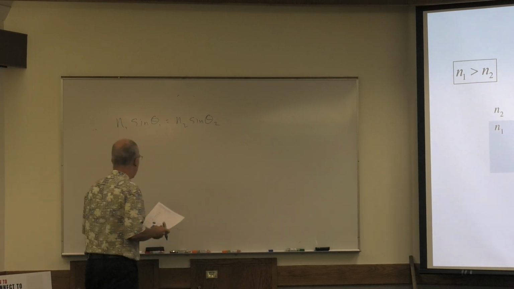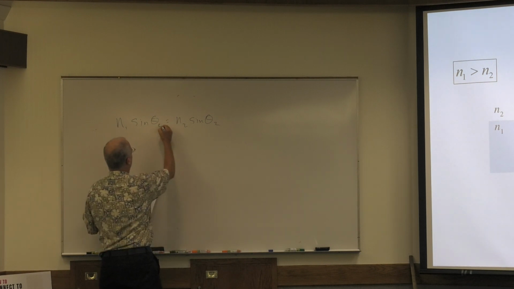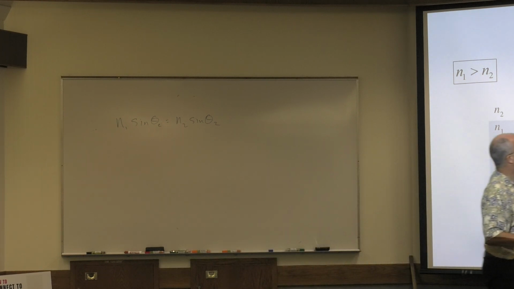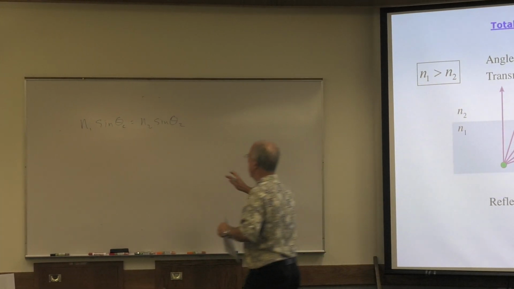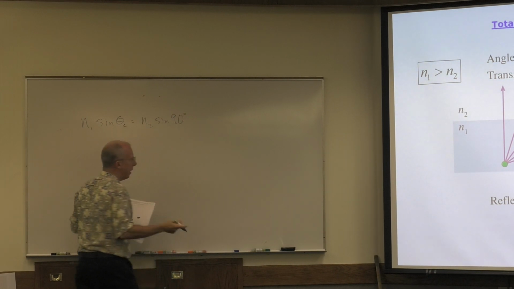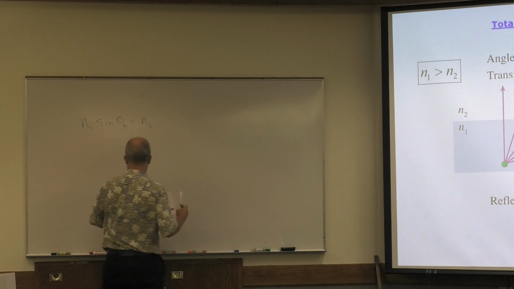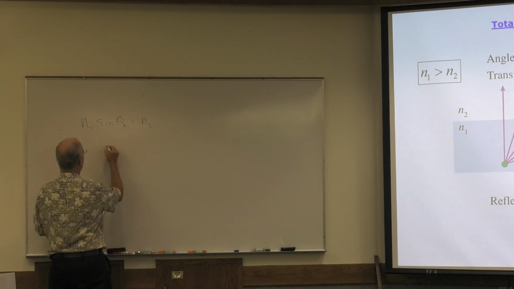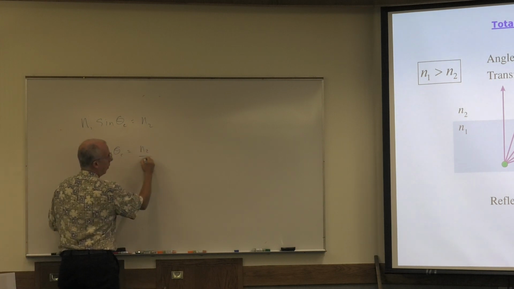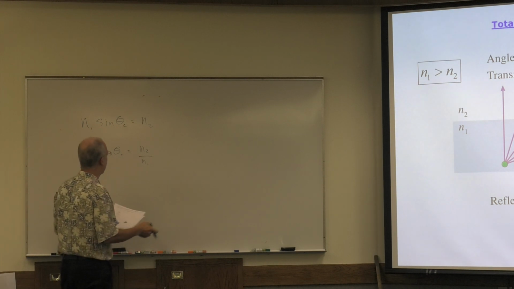Now what we're saying is theta 1 is theta critical, that's when this occurs, and theta 2 is 90. Well, what's the sine of 90? 1. So therefore, you get sine theta critical equals N2 over N1. And that's all there is to it, okay?